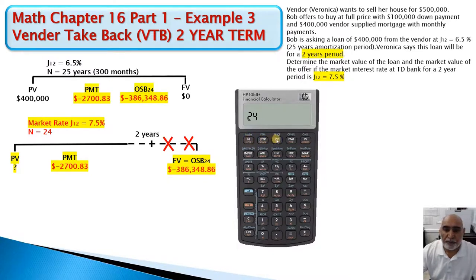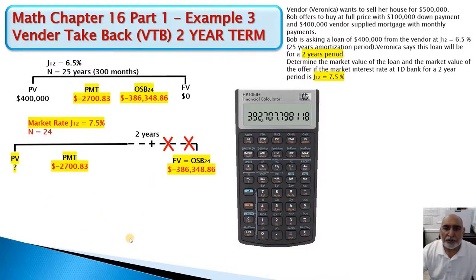And PV we're looking for, so payment 2,700.83, negative payment, FV 386,348.86. That's negative also. And we're looking for PV, there it is, 392.